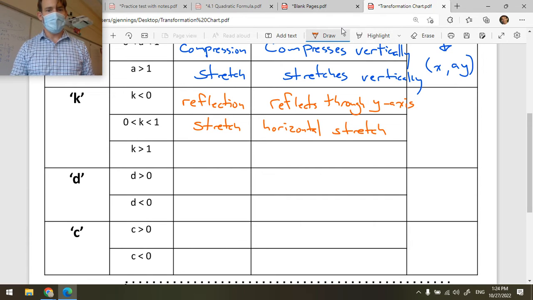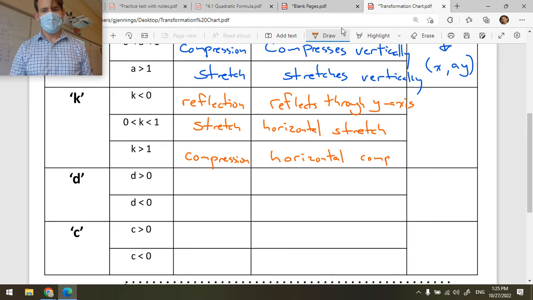And when k is greater than 1, it's a compression, and a horizontal compression to be exact. And the overall mapping of x, y, well, that's going to map to x divided by k, and your y values are unchanged.